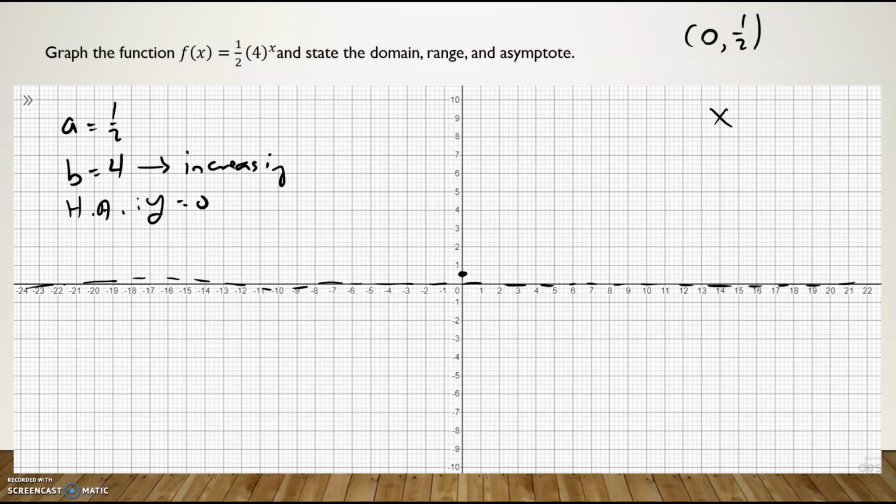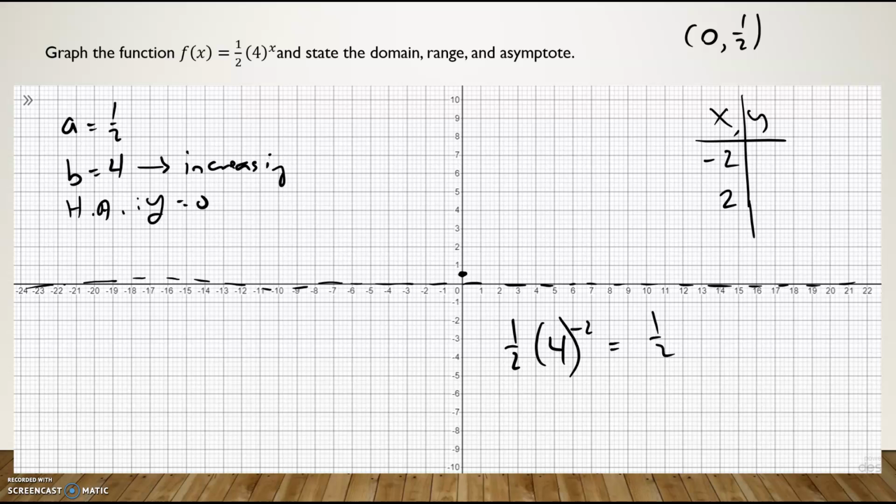Okay, and we're going to pick a couple more points. So let's see, we'll choose negative 2 and 2. We'll try those again. So 1/2 times 4 raised to negative 2.